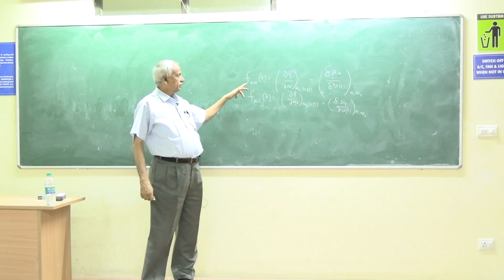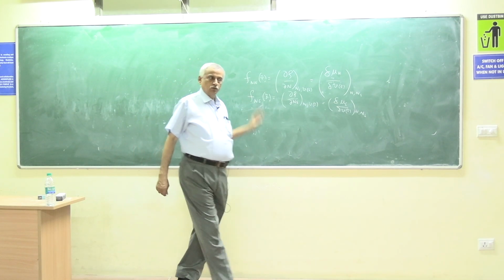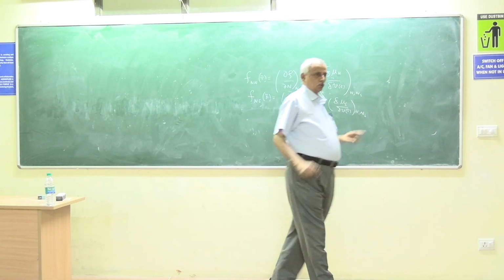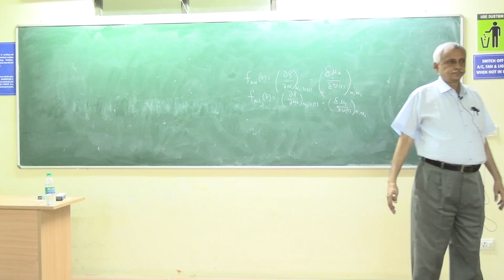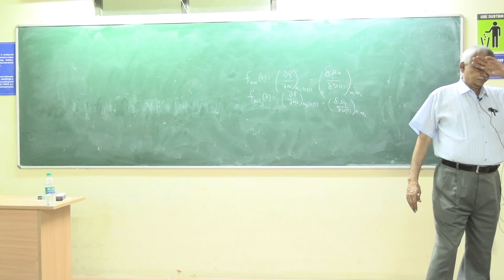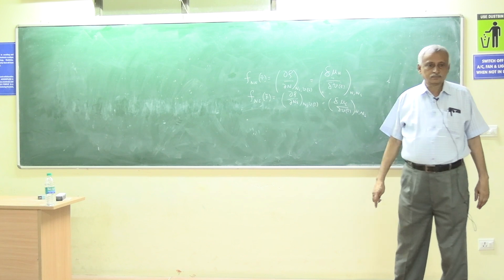Okay, you write down another two, f s s and f s n. Do you understand? Because the Fukui function can be written in two different ways that we have seen. So, f s s and f s n.